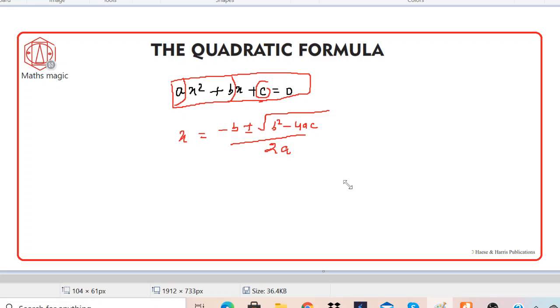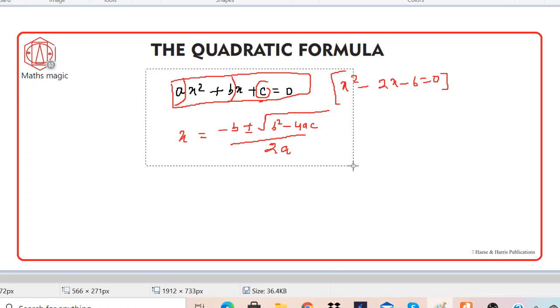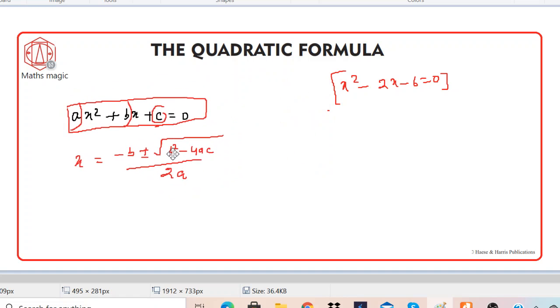We have a question: x square minus 2x minus 6 is equal to 0. So this is the question where we have to solve this. Okay, I'll just shift this formula aside so that we can get proper space. So okay, now it's better.